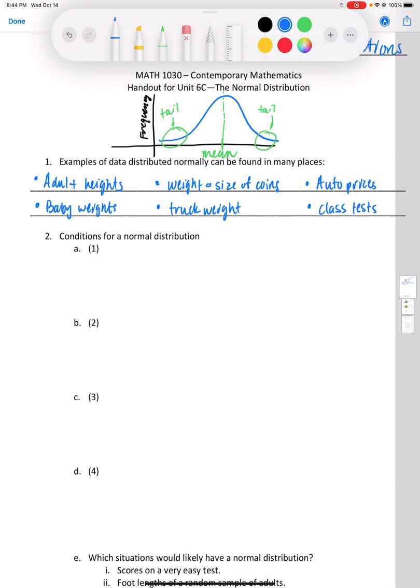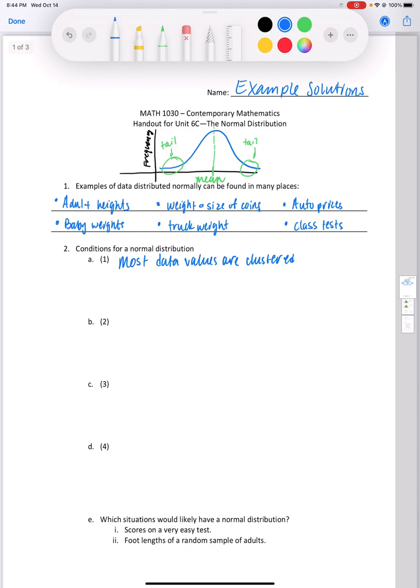So the data set satisfies the following 4 criteria for a normal distribution. More specifically, we have 4 criteria here, and the first one is most data values are clustered near the mean, giving the distribution a well-defined peak.